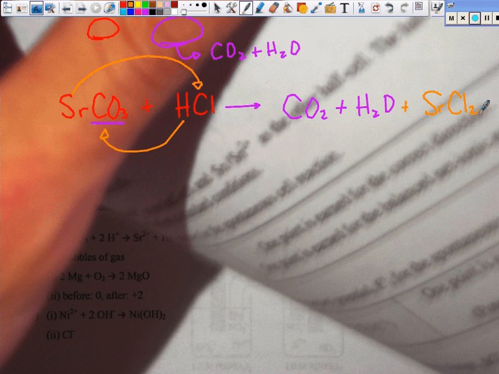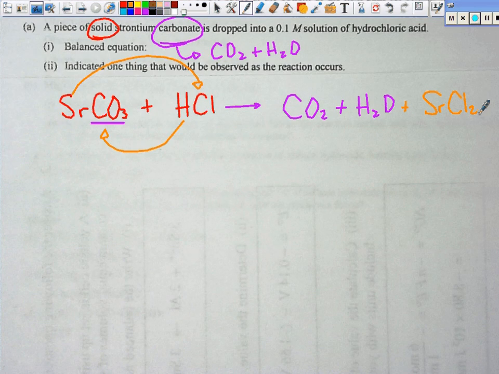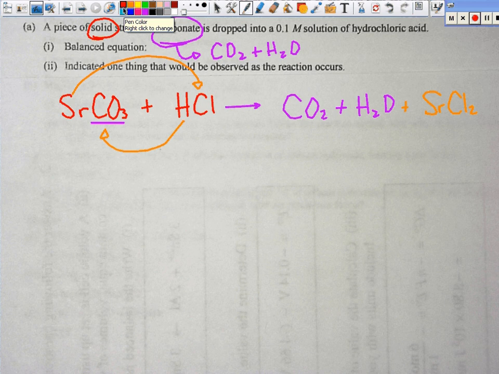So, there are some things we can cancel. What can we cancel? We can cancel the Cl. No, it's still there, because it went from a compound to an ion.